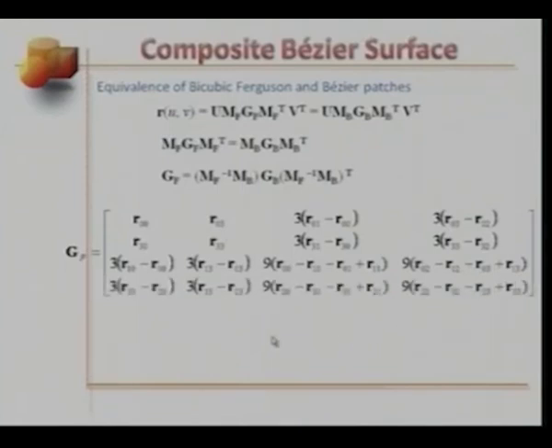And the final row is 3 (R30 minus R20), 3 (R33 minus R23), 9 (R20 minus R30 minus R21 plus R31), 9 (R22 minus R32 minus R23 plus R33).